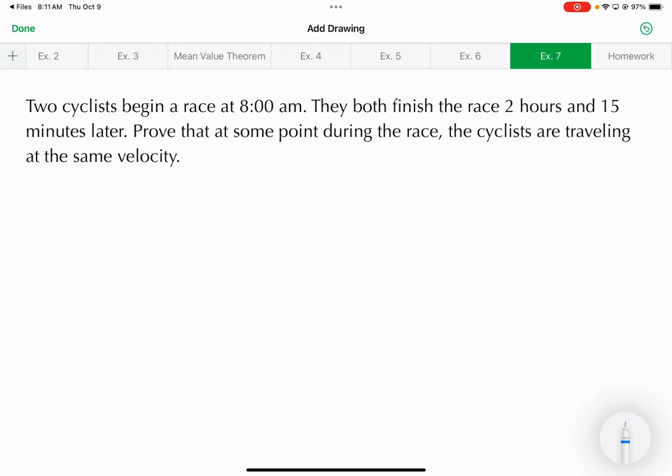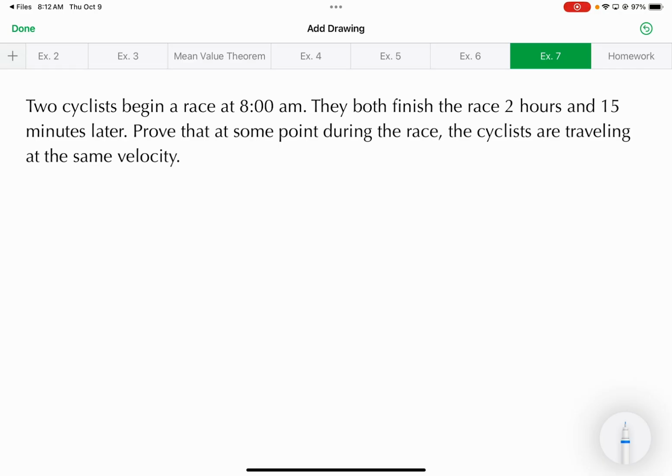Because we have to try to think about how we can apply one of our theorems to this situation here. Okay. Now, does this fit into Rolle's theorem? We know they start at the same time and then they finish at the same time. So it's kind of like our endpoints agreeing with each other, right?